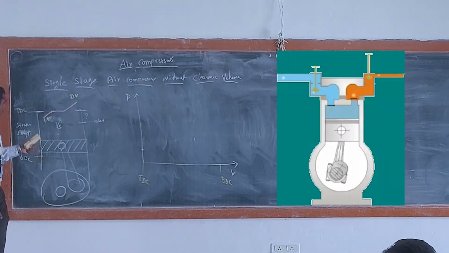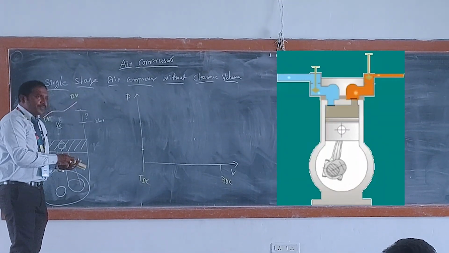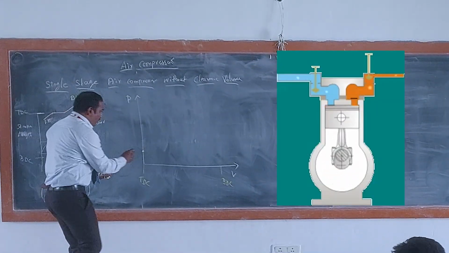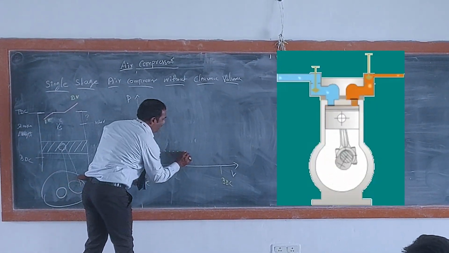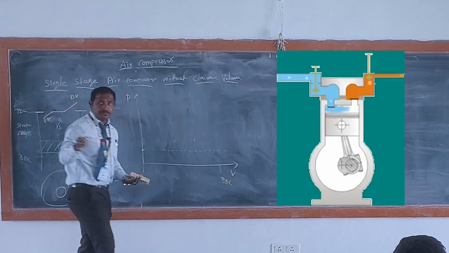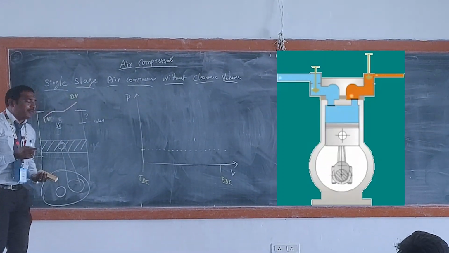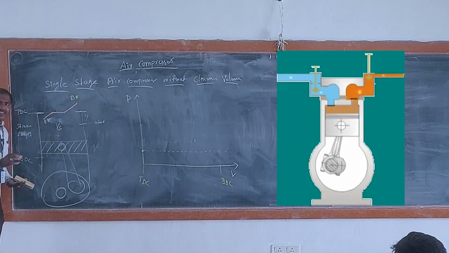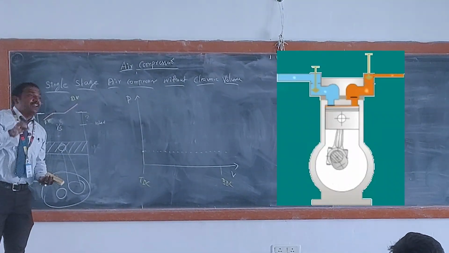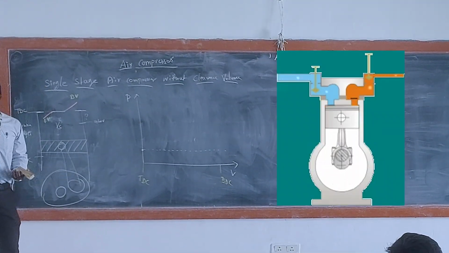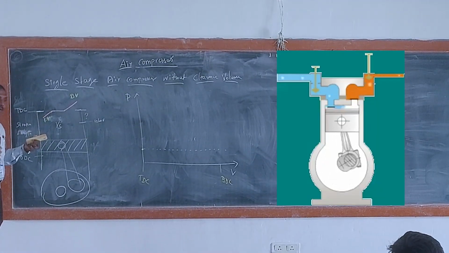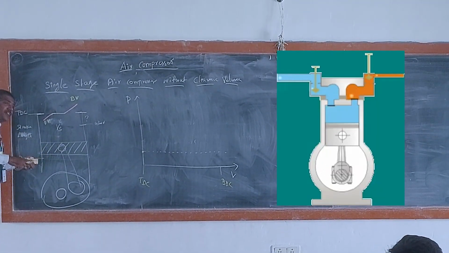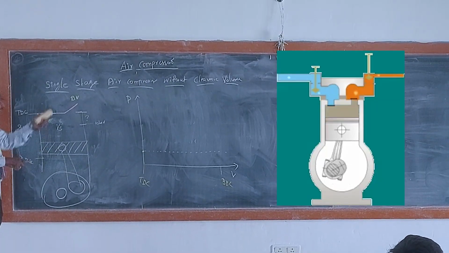So when the piston moves from TDC to BDC, first we'll study the actual case. I will draw one arrow mark. Actually, what will happen when the piston moves from TDC to BDC? What will be created here? Vacuum pressure will be created. Due to the vacuum pressure, the inlet valve opens, and to maintain the same vacuum pressure till the piston reaches BDC, air will keep coming.